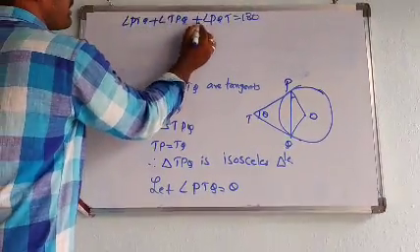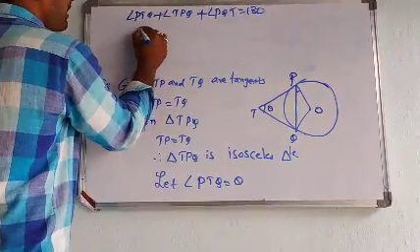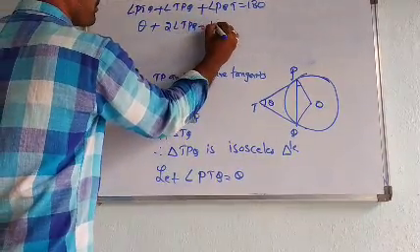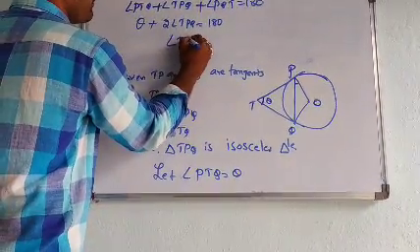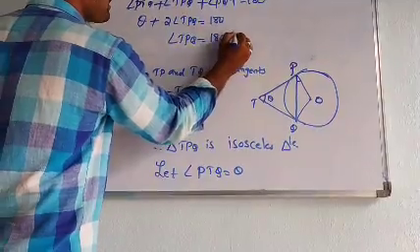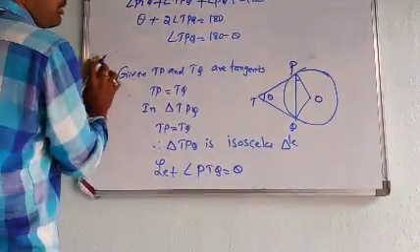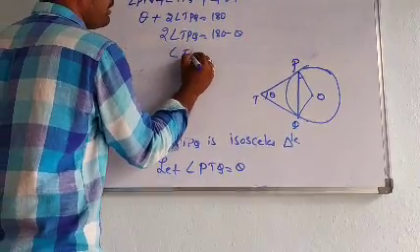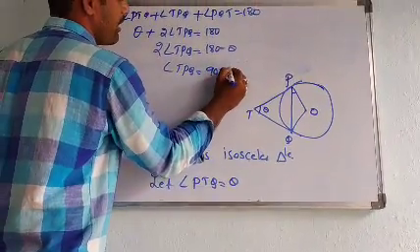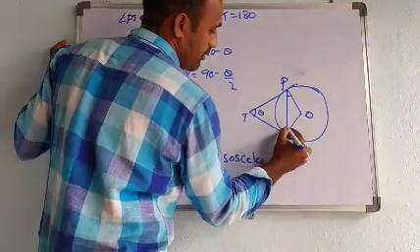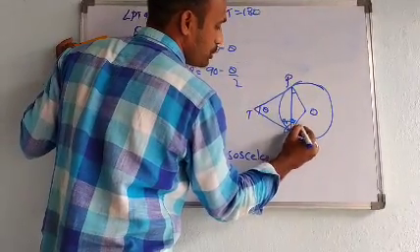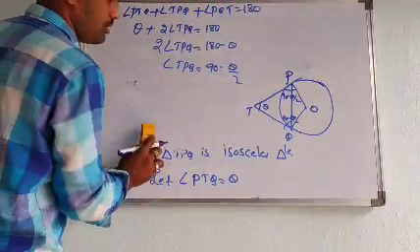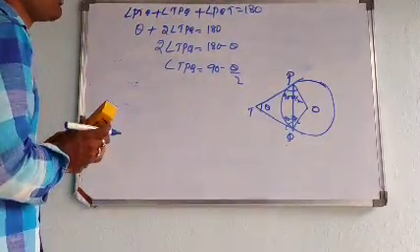These two angles are equal, so we can write the same name here. Theta plus 2 times angle TPQ is equal to 180. So 2 times angle TPQ is equal to 180 minus theta, so angle TPQ is equal to 90 minus theta by 2. Here also we can write 90 minus theta by 2.